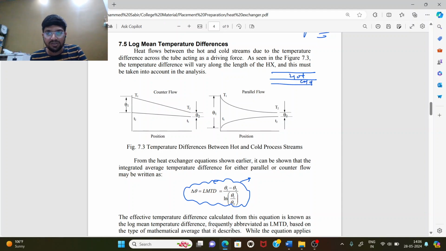We take a differential element from here and analyze how much heat transfer takes place through this element. Then we integrate along this pipe, and by this analysis we find these expressions. This is the basic understanding of how this expression comes.